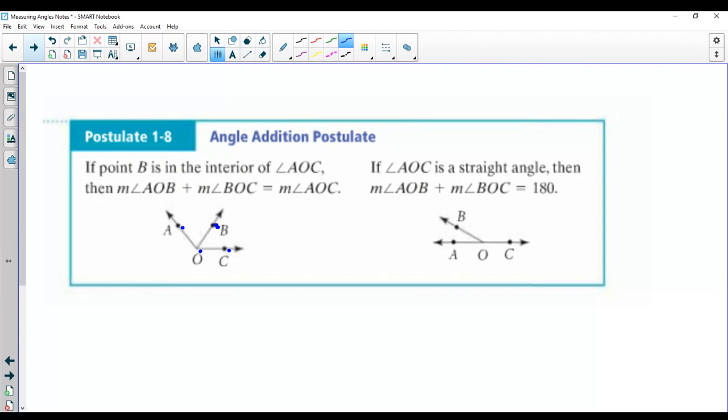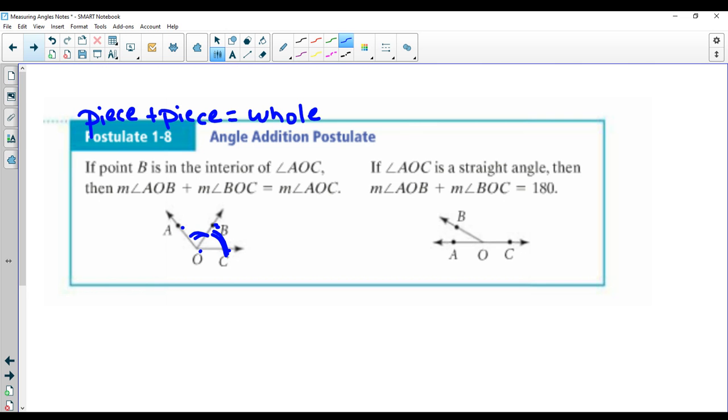Then the measure of AOB, so this one right here, plus the measure of BOC, this one right here, is the big one. So it's kind of like what I said earlier with the segment postulate. We have a piece, we add another piece, we get the whole thing.